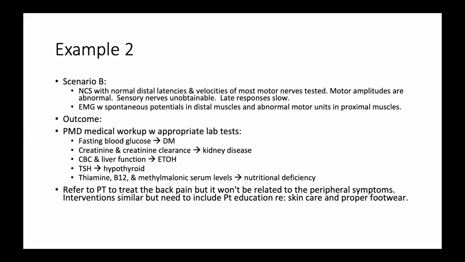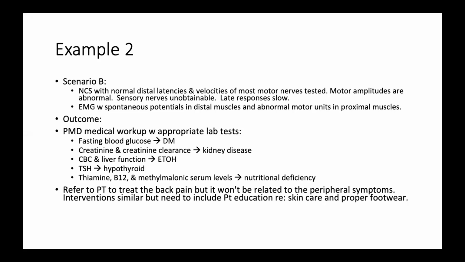So he had spontaneous potentials, or active denervation, in the distal muscles, but we had abnormal motor units in the proximal muscles, which indicates a more chronic injury. So he's got a more chronic injury at the same time as having a newer injury.